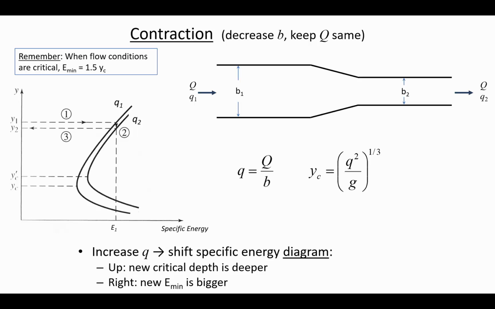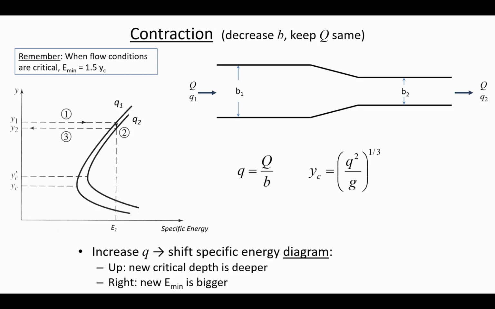And I bet most of you, if I'd said, just speculate for a minute, do you think if the channel gets narrower, that's going to make the water deeper or shallower? I think most of us would look at this constriction where the flow is contracting and say, well, I guess since the channel is getting narrower, it must also be getting deeper. But we'd be wrong.